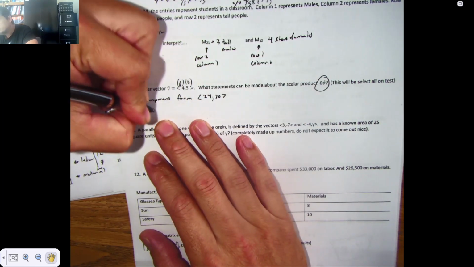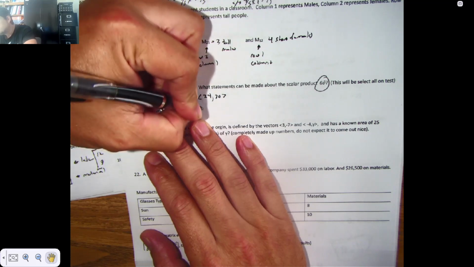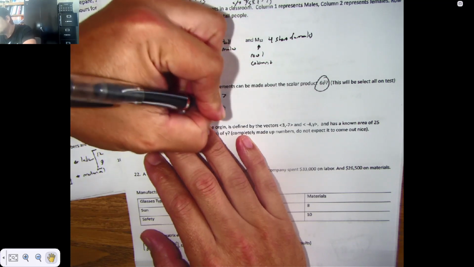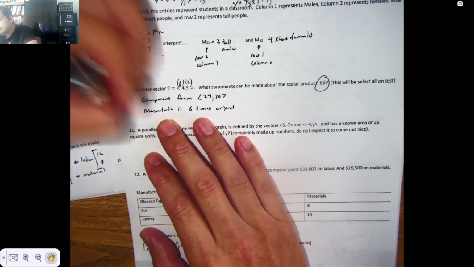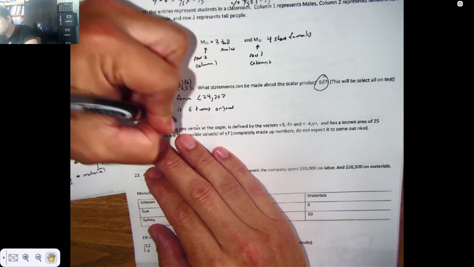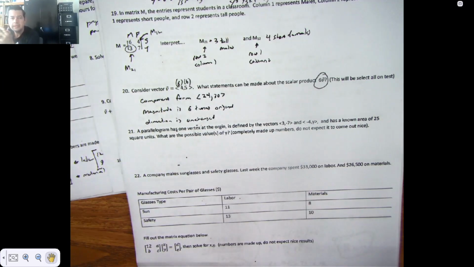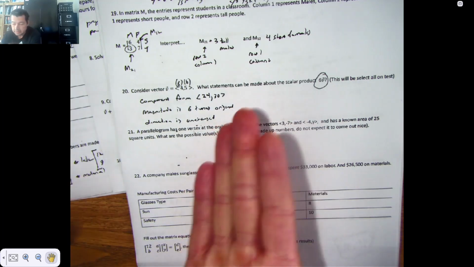The magnitude is 6 times the original, and the direction doesn't change. Scalar multiplication only affects scale, which is the concept of length. That's all it does. It changes component form because it has to, because now it's longer.